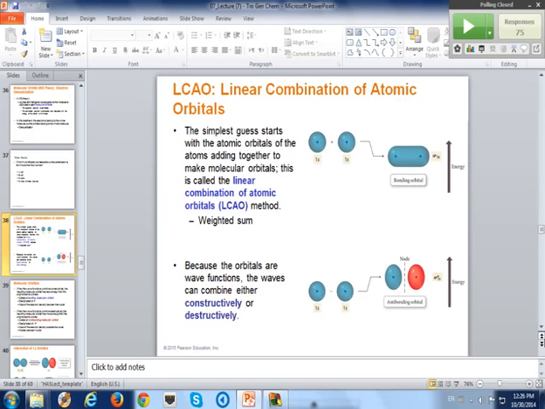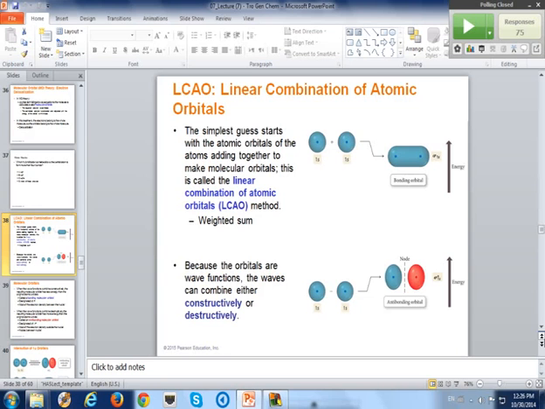And then we can judge those approximations, right? So, in other words, we give some educated guess concerning the molecular wave function that would be a solution to Schrodinger's equation for the whole molecule.